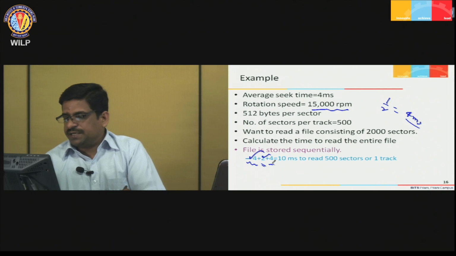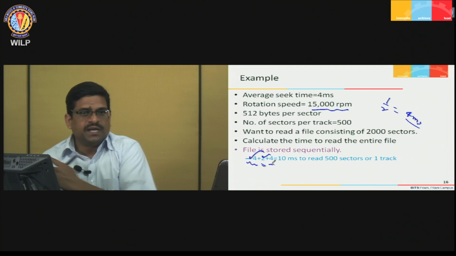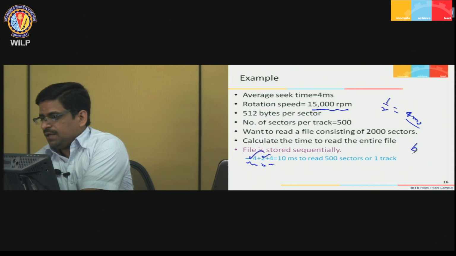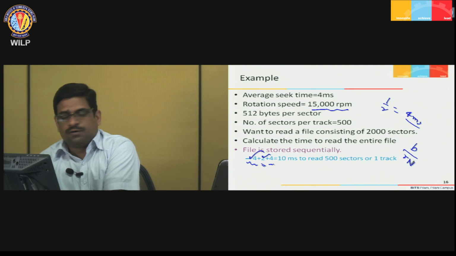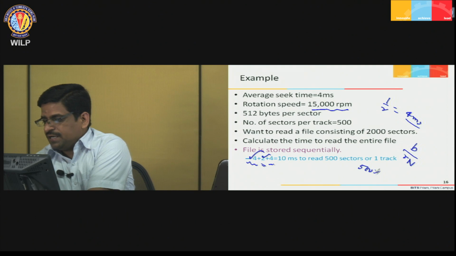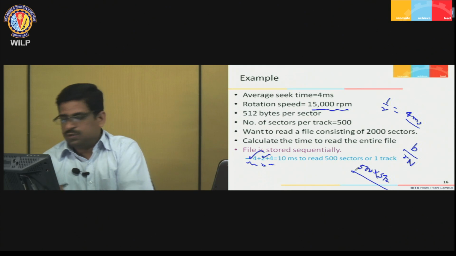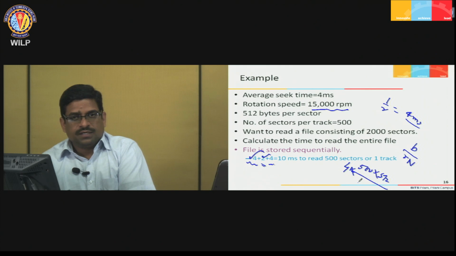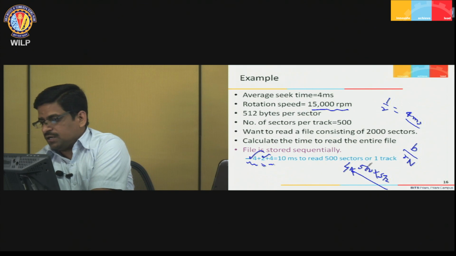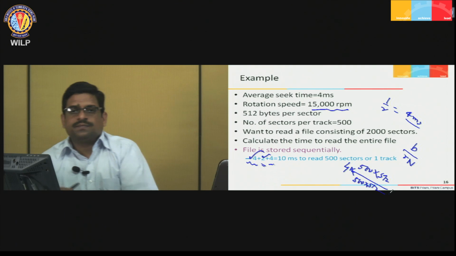Then what is the other 4 milliseconds? To read one complete track I use the formula B by RN. B is the number of bytes, here the bytes of the complete track, which contains 500 sectors at 512 bytes per sector. The R value, 1 by R, I know that is 4 milliseconds. N is the total number of bytes on the track, again 500 into 512.